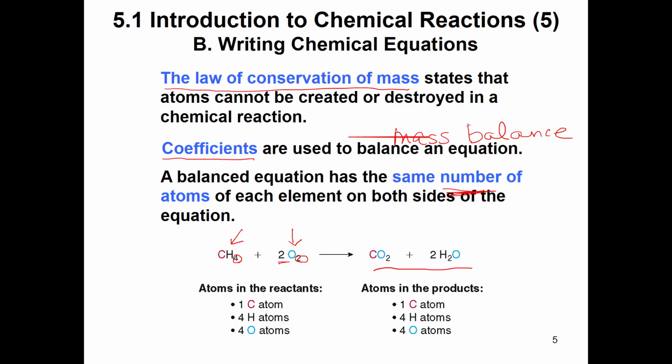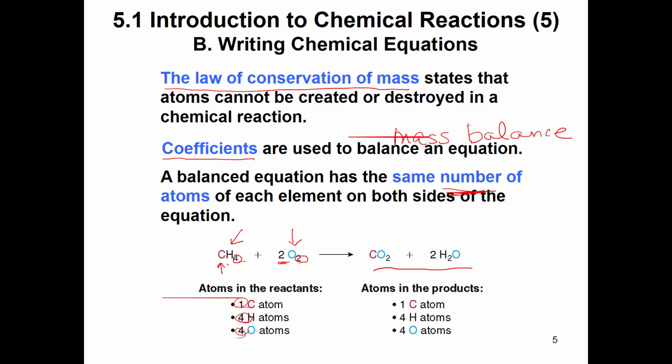I can only change the coefficients. So in this particular example, I have 1 carbon, I have 4 times 1H is 4 hydrogens, and then I have 2 times 2 is 4 oxygens.